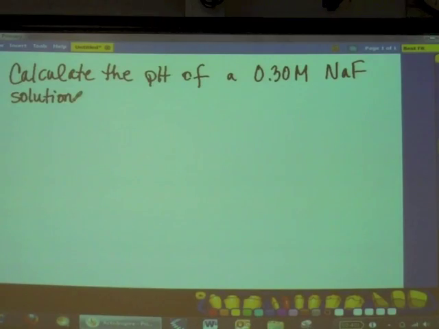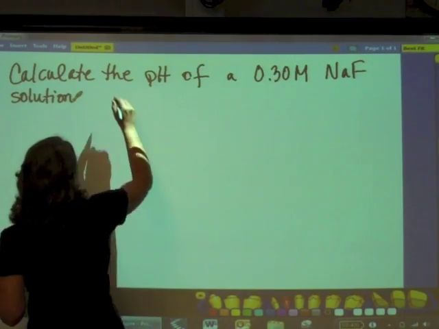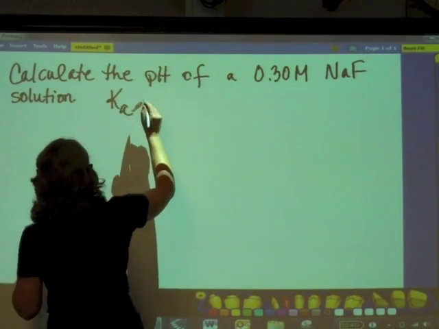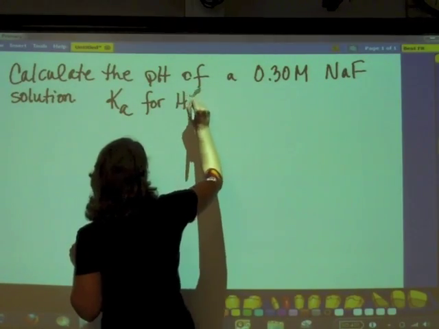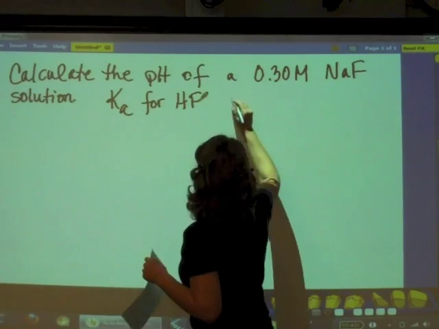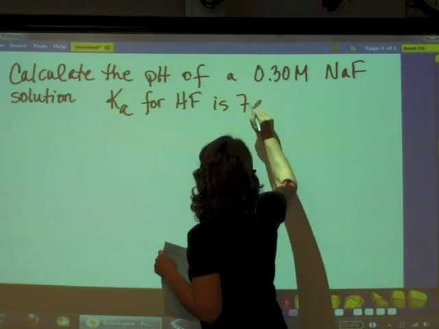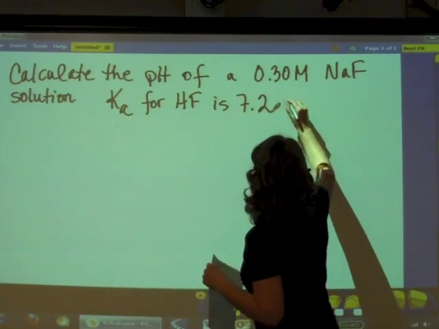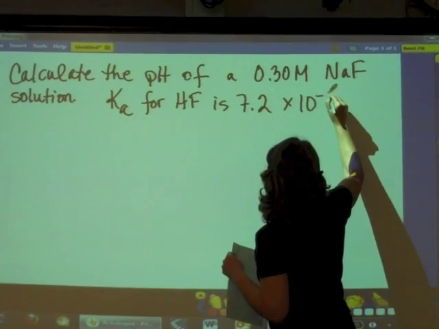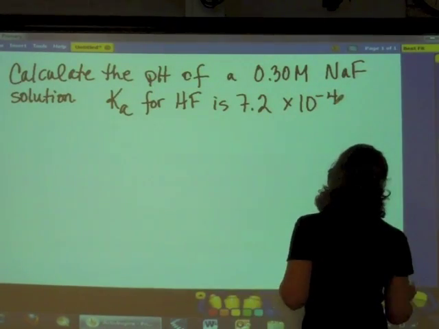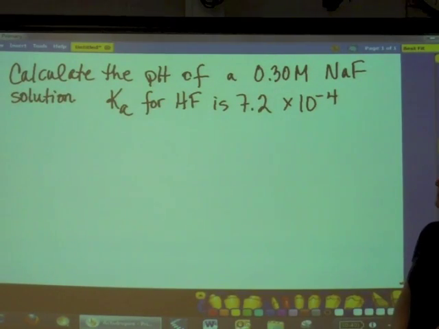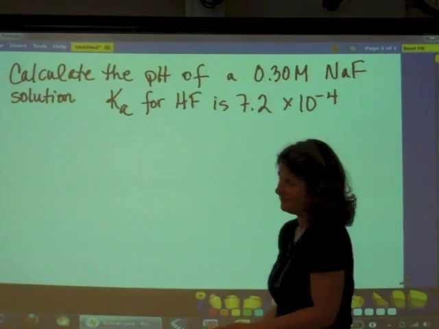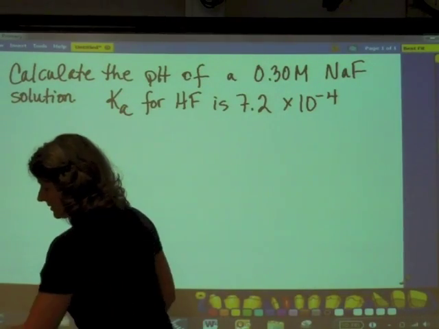And we're also given in the problem the Ka for hydrofluoric acid is 7.2 times 10 to the minus 4th. Okay, so what we're going to do right now is going to be extremely complicated. It's hard. That's just how it is.